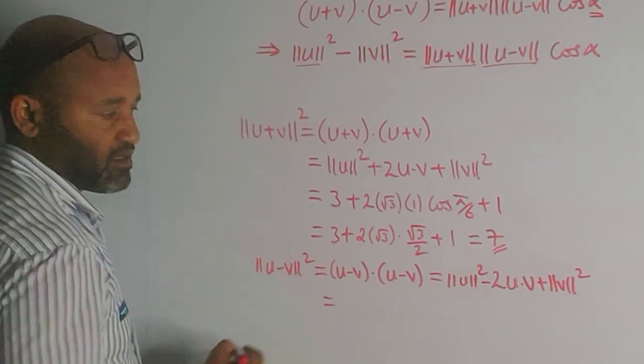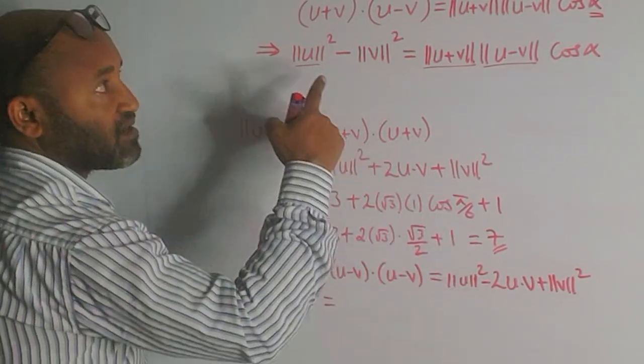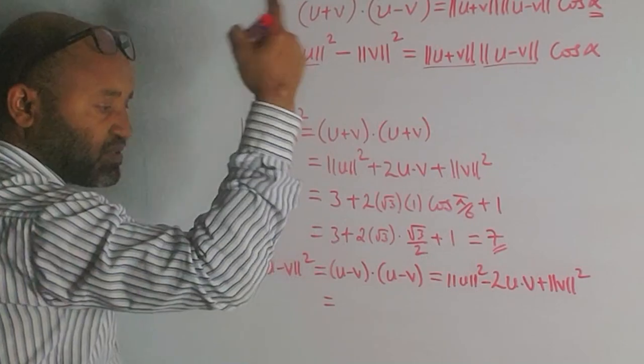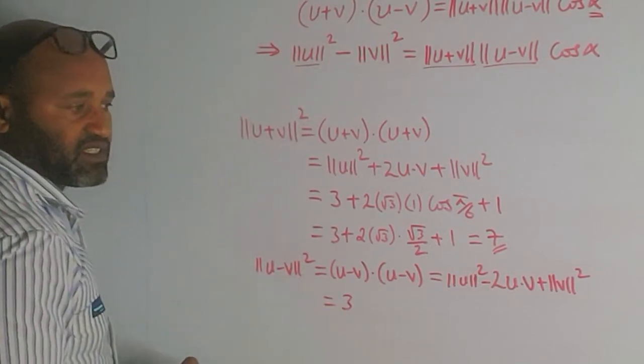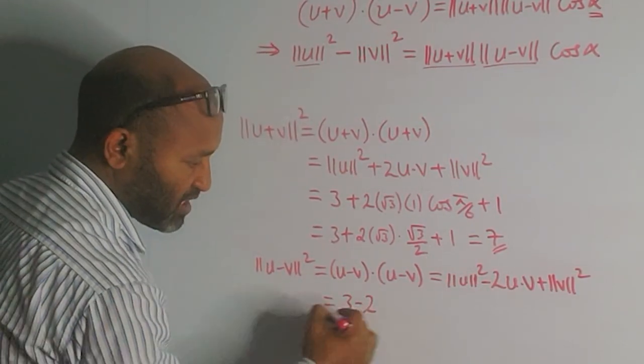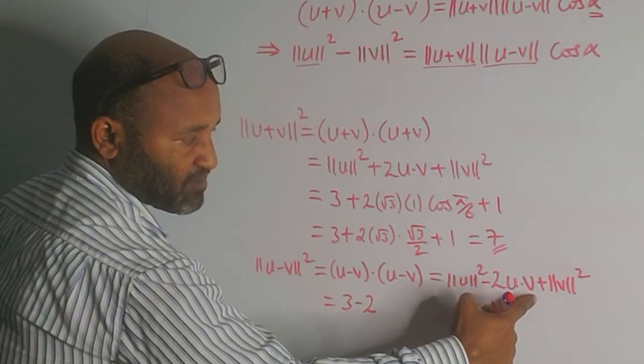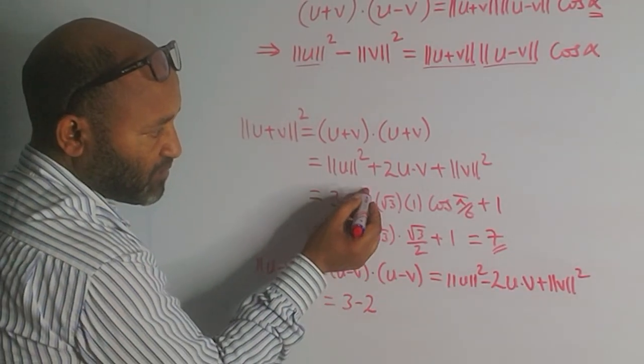Then magnitude of u square, magnitude of u radical 3, when we square it, it will be 3, minus 2 times u dot v. Here we perform u dot v.